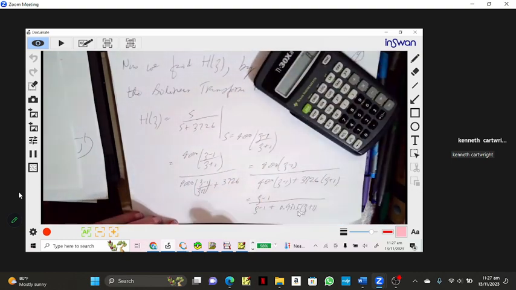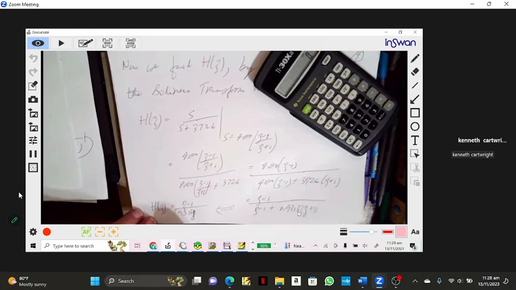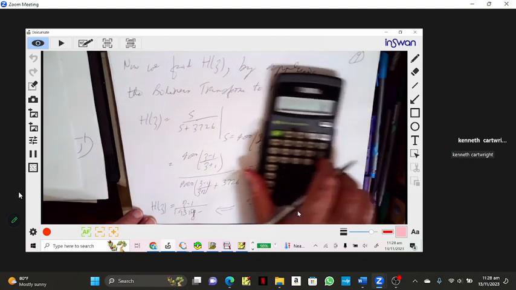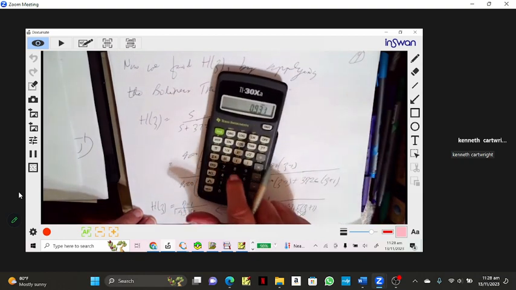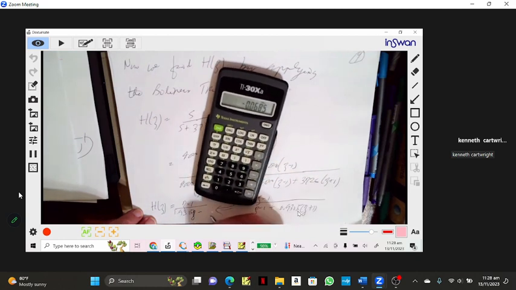So H of Z becomes Z minus 1 over 1.9315 Z minus 0.9315 minus 1, equals negative 0.0685.